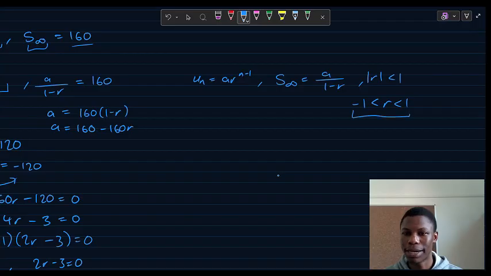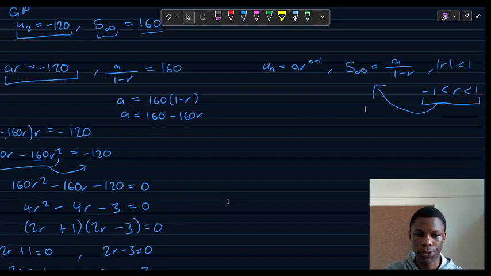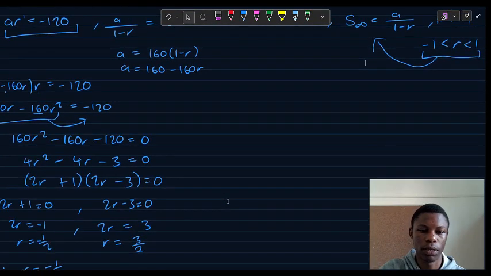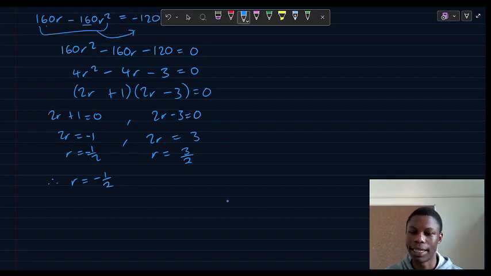So for a sum to infinity to be possible, your common ratio has to be between negative 1 and 1. Otherwise, you don't get a sum to infinity if it's not within those bounds. So 3/2, that's 1.5. That's clearly outside of that range. So we can conclude that it has to be the negative 1/2. Right? So that's part A.